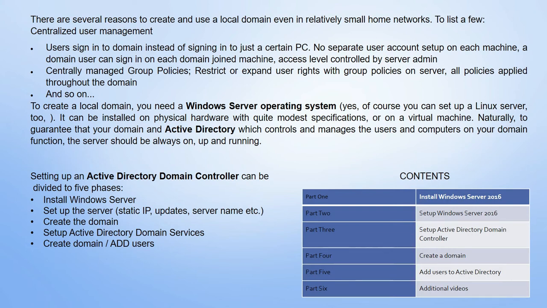No separate user account setup on each machine. A domain user can sign in on each domain-joined machine. Access level is controlled by the server admin. And centrally managed group policies are there, to restrict or expand user rights with group policies on the server. All policies are applied throughout the domain.